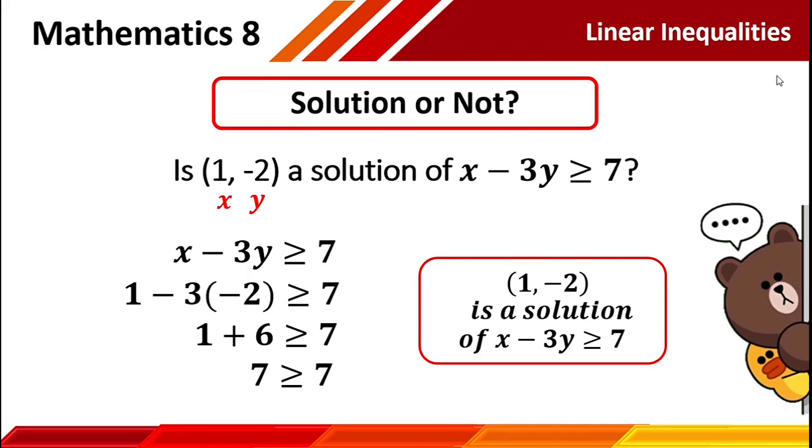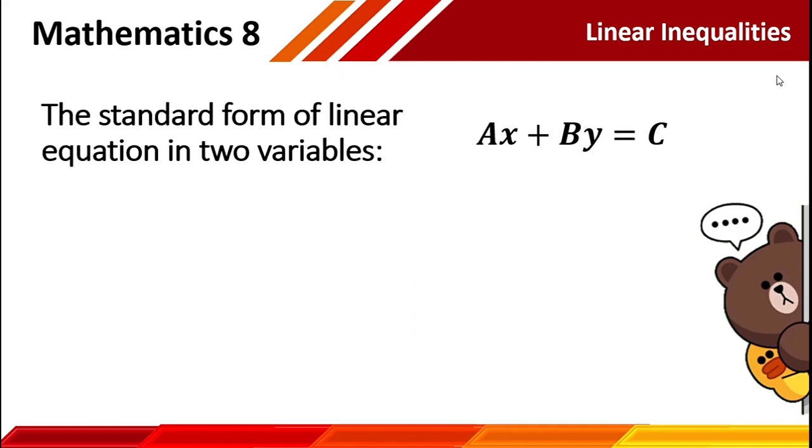Now, it's very difficult to know if an ordered pair is a solution or not if the given inequality is not in standard form. So let's have a short recall of what we mean by standard form. Let's go back to linear equations. We know that the standard form of the linear equation in two variables is ax + by = c.